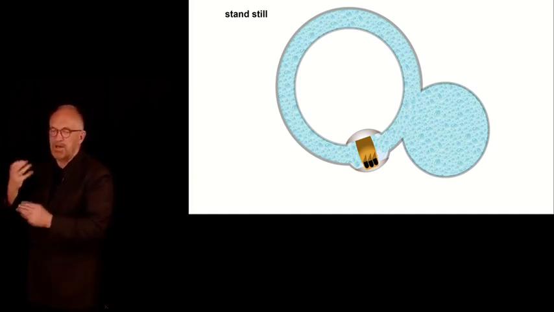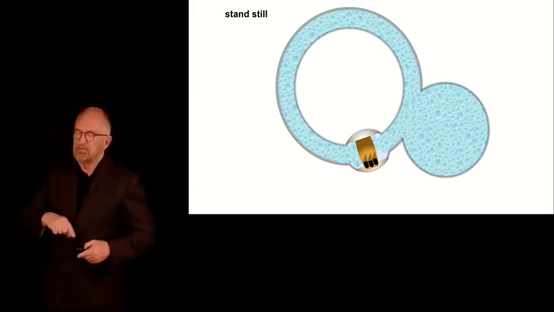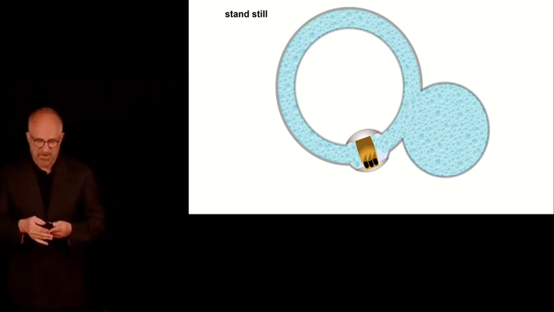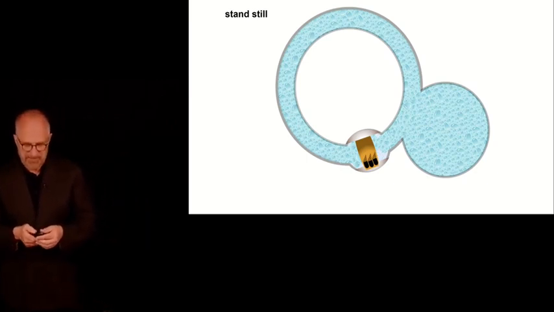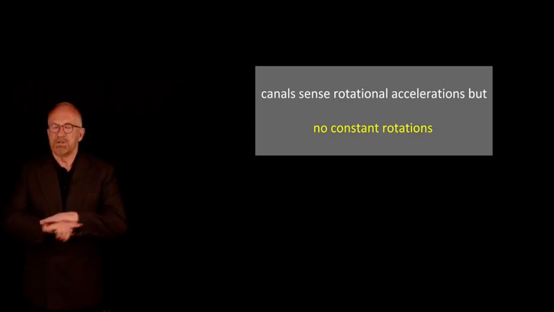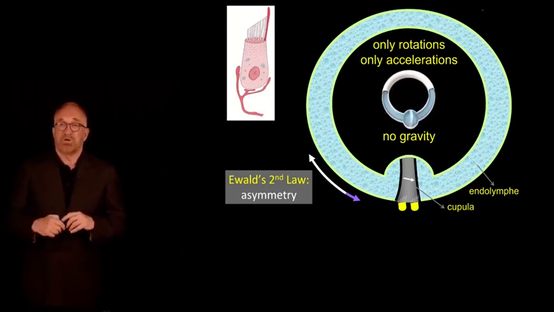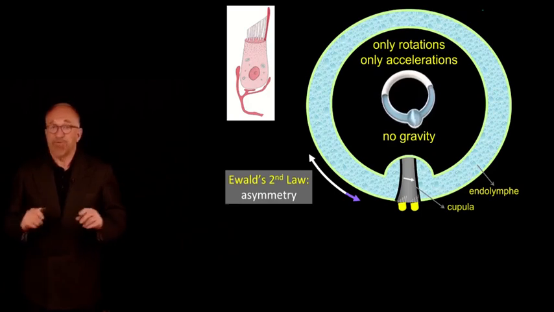So the labyrinth, the canals, are very good sensors for changes of velocity, but not very good for constant velocities. They are dynamic sensors. Canals sense rotational acceleration, but no constant rotations. So they are only sensitive for rotations and not for gravity.